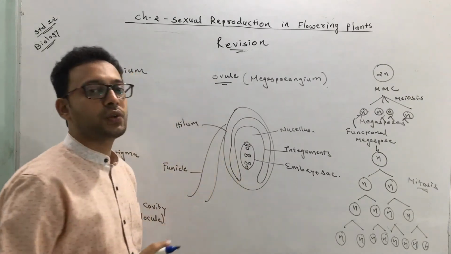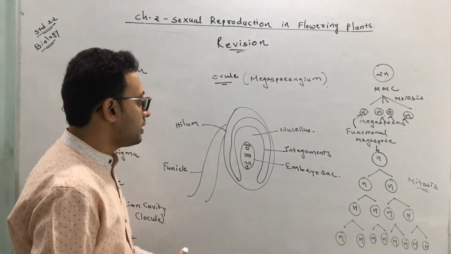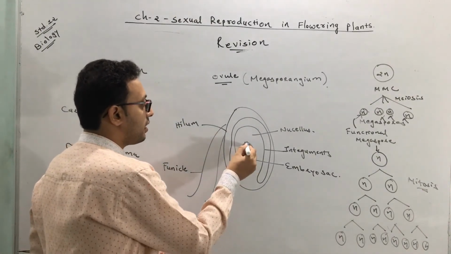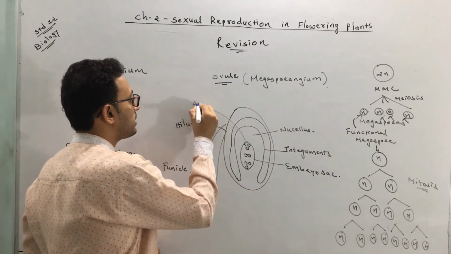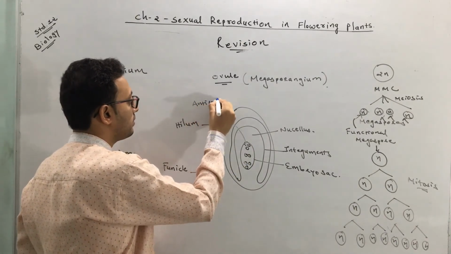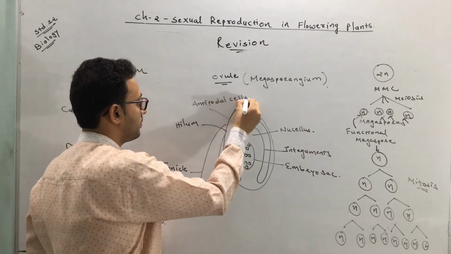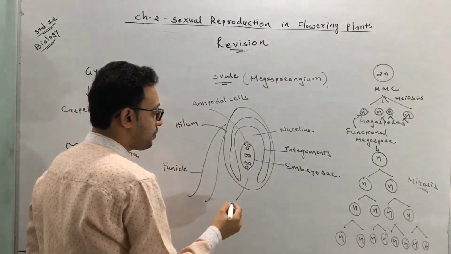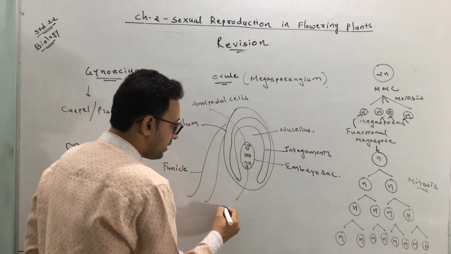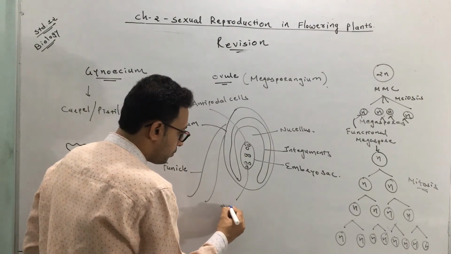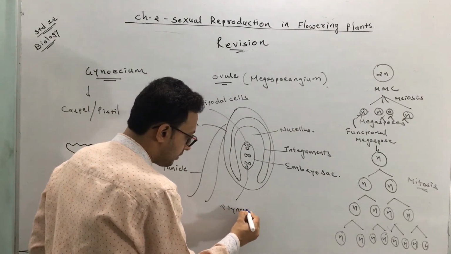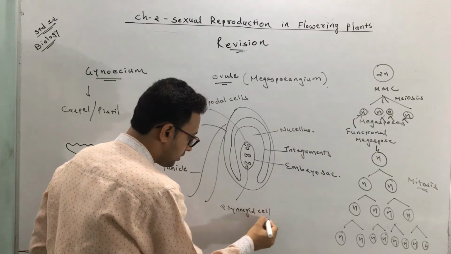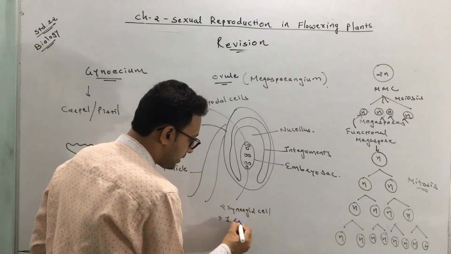So these 8 nuclei are going to be formed. The 3 which are present at the chalaza, what are they called? They are called antipodal cells. And the 3 which are present at the micropylar end are called 2 synergid cells and 1 egg cell.